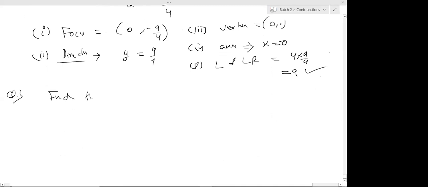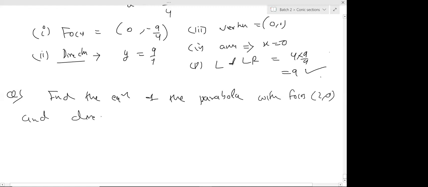Find the equation of the parabola with focus 2, 0 and directrix x equals -2. All right. This is the reverse question. They've given you the focus and directrix, and asked you about the equation of the parabola. Think about this, very easy. Try to solve. I'll give you a few minutes.